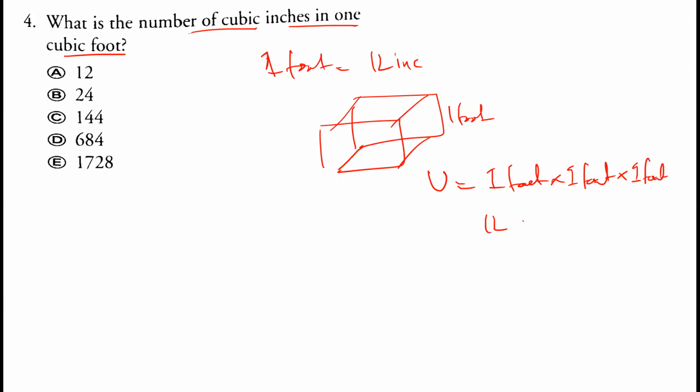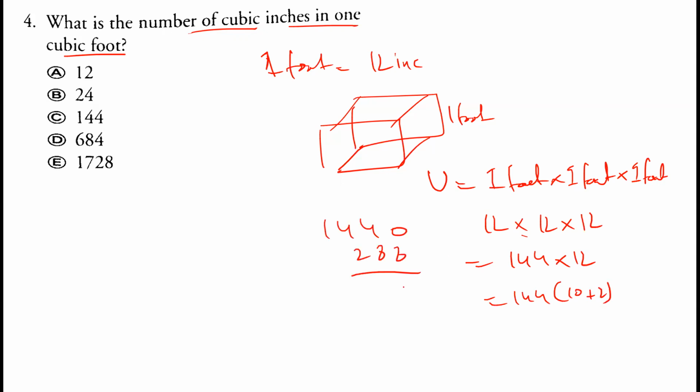Now we have 12 inches in a foot. So 12 into 12 into 12. So 12 into 12 is 144, into 12. So 144 into 10 plus 2. So 1440 plus 288, that is 1728. So option E is correct.